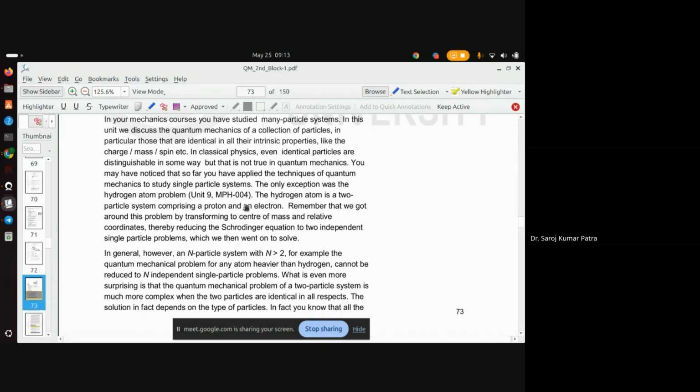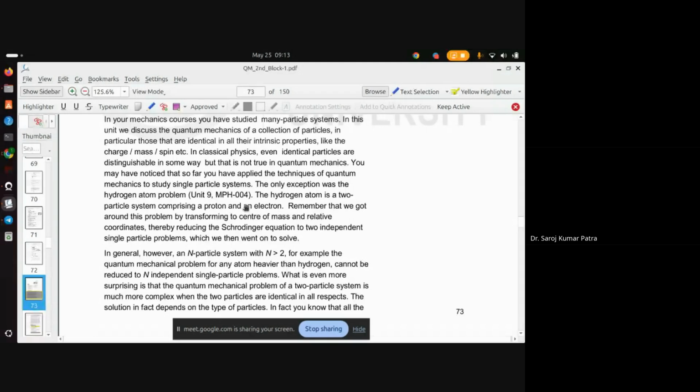When we start thinking about more than one particle, like two, three, four, a two particle system, you have already solved in quantum mechanics 1, the hydrogen atom. This course is quantum mechanics 2, right?